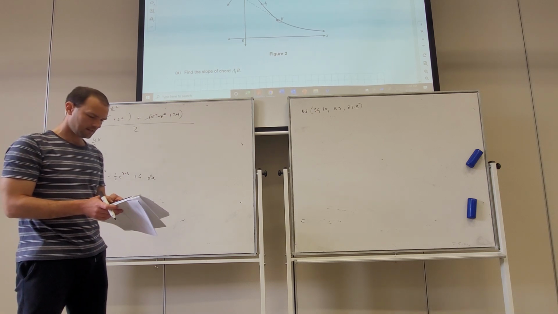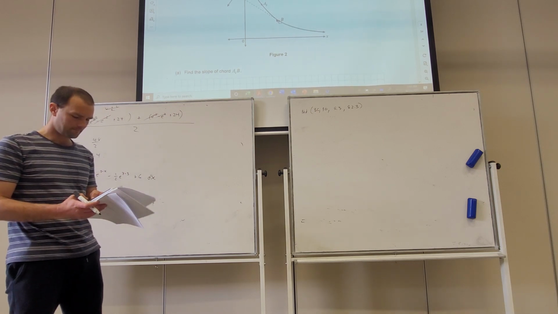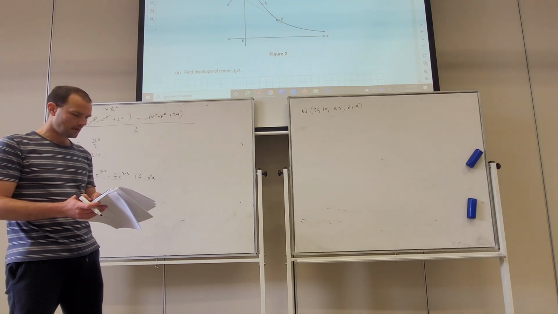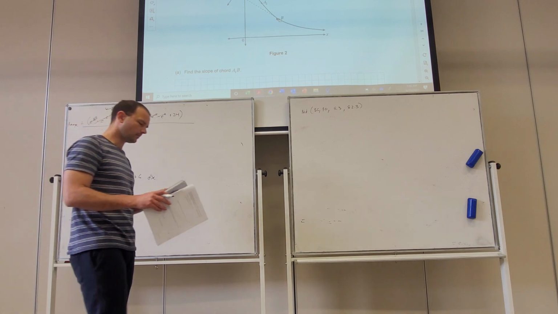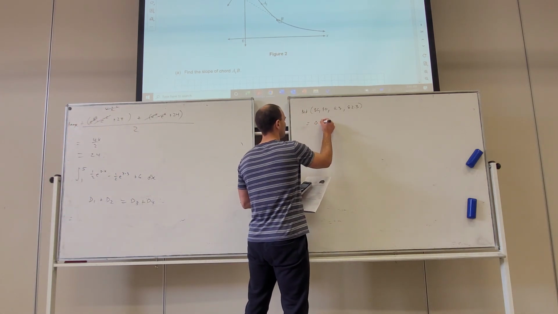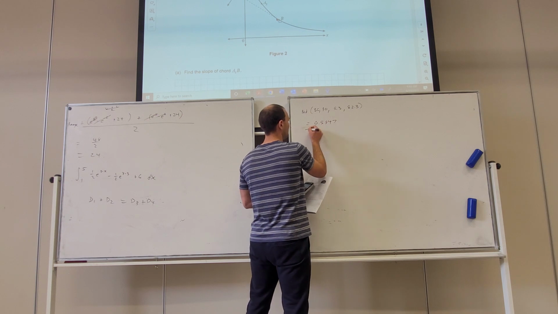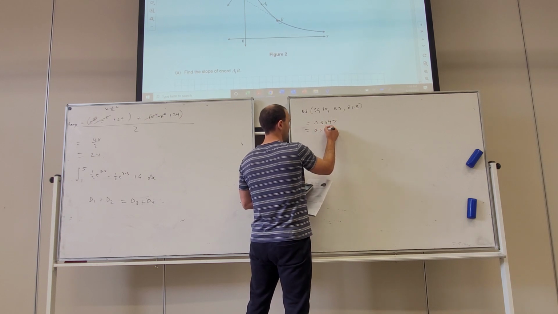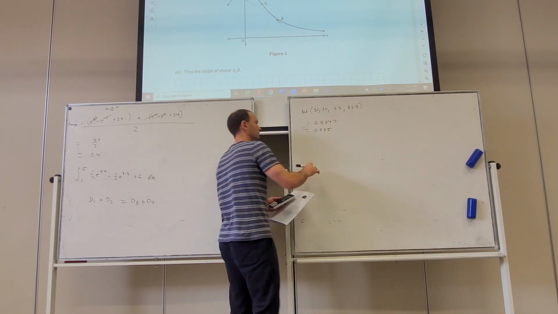So between 80 and 90, 5.3 and 82.3. Got 0.5947, 0.595.